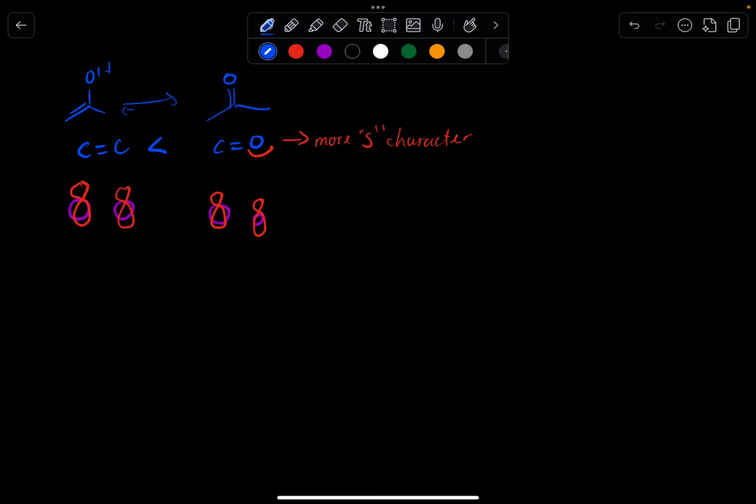The electrons here are a lot closer to the nucleus of this atom if you were to have electrons here, whereas in this carbon atom, the electrons are a lot further away from this nucleus.